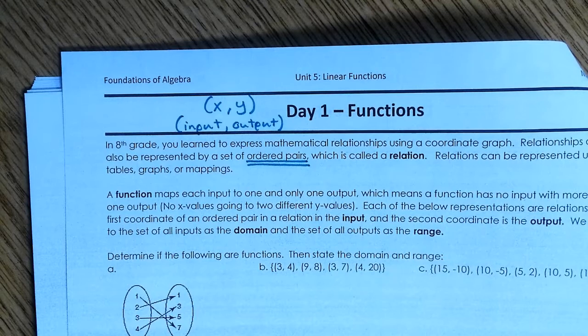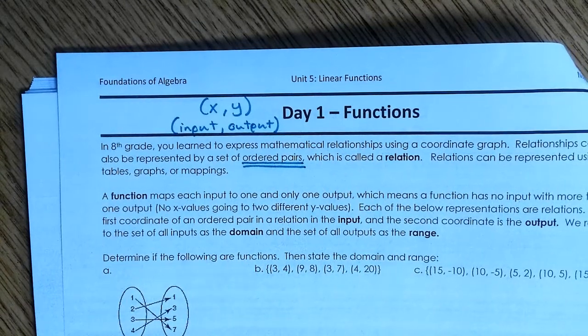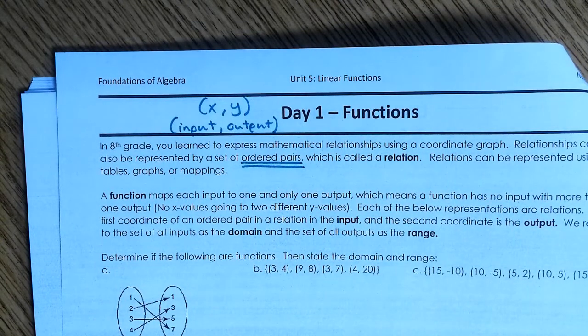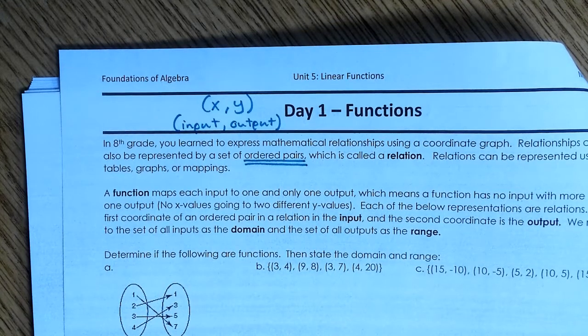If you input an hour's worth of studying, what should the output be? You're getting a good grade. So if I put in 2 hours of studying, will my output be the same as the 1 hour or better? It'd be better, right? Because I put more time into studying. Does that make sense? So we got input and output.